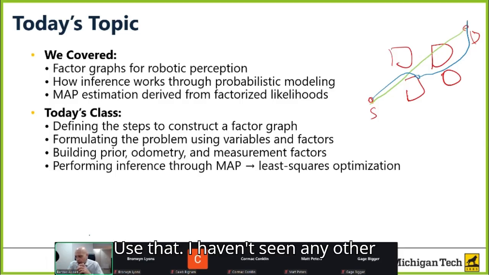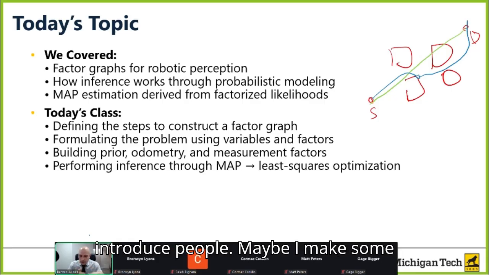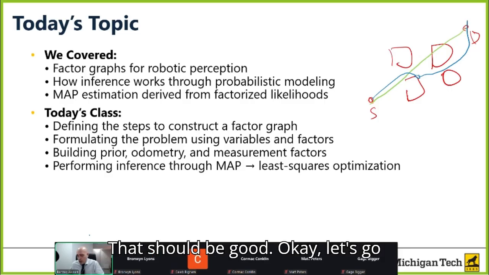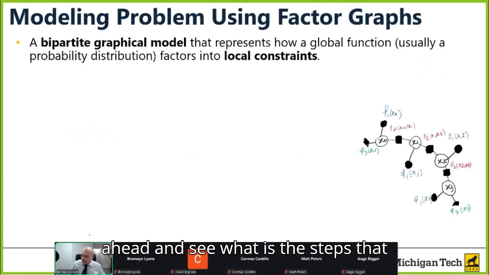I haven't seen any other professors in your department still working on it, but I always introduce it to people. Maybe I'll give a conference presentation for other professors if they are interested. That should be good.